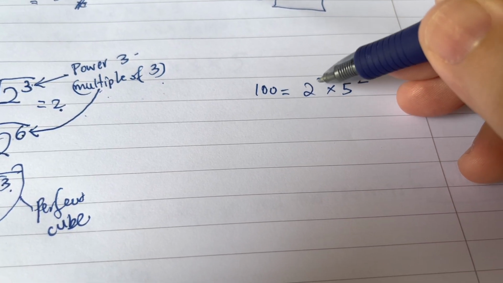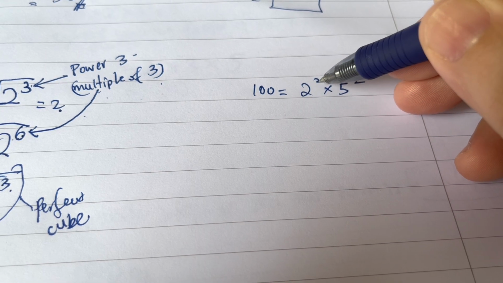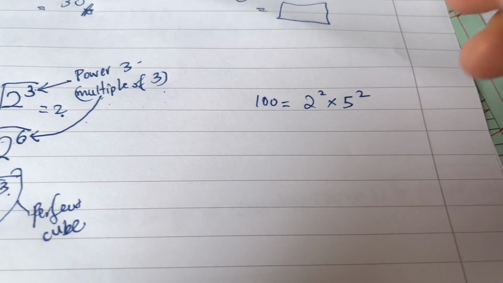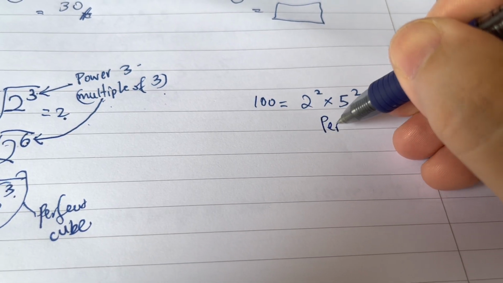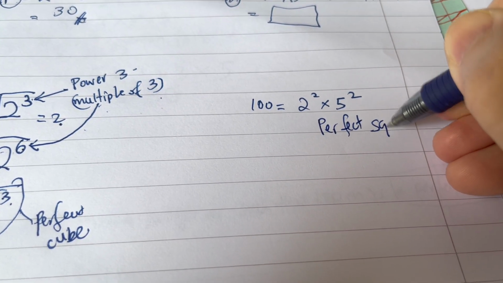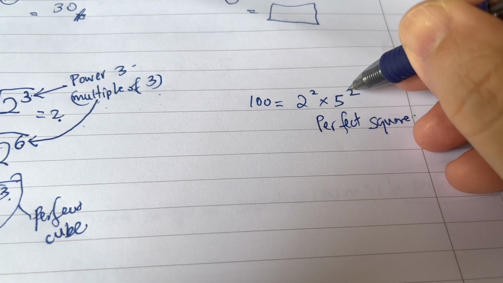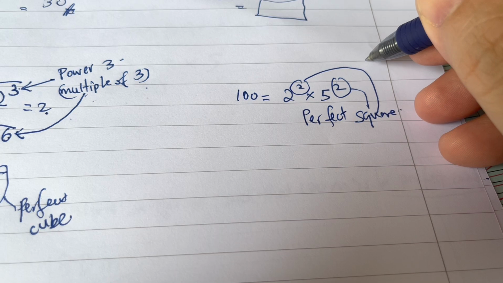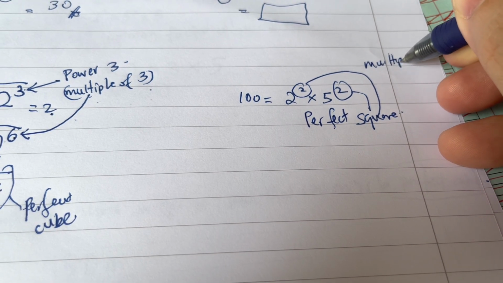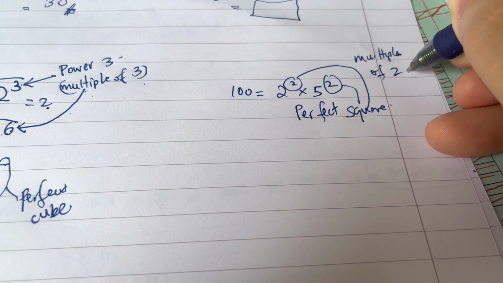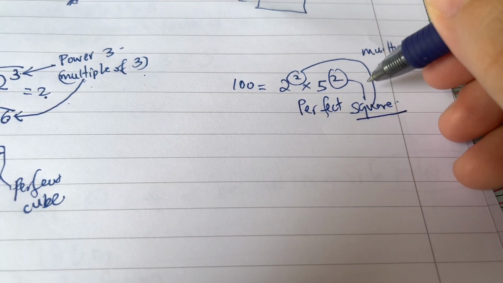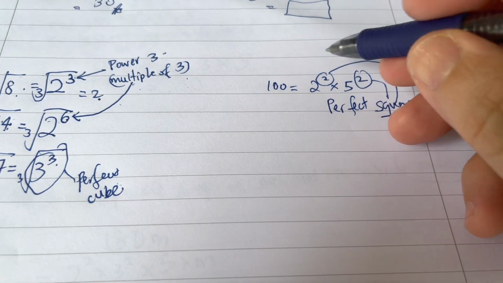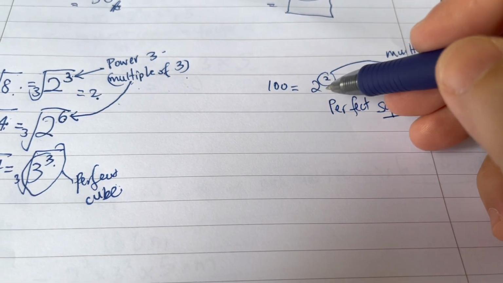Because when I express it as a product of its prime factors, I get 2 squared and 5 squared. But this is what we call a perfect square, because the power is an even power, or we say multiples of 2. When it's a multiple of 2, it's a perfect square. When it's a multiple of 3, it's a perfect cube. If you don't believe me, go and cube root 100, you won't get a nice number.